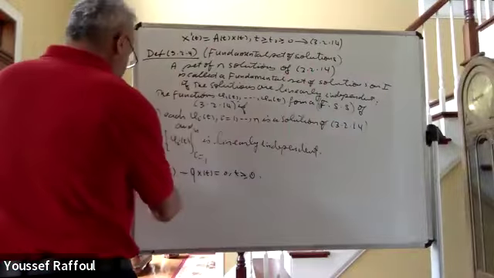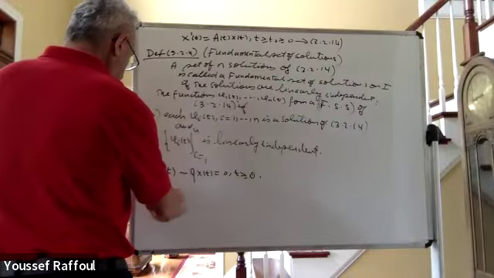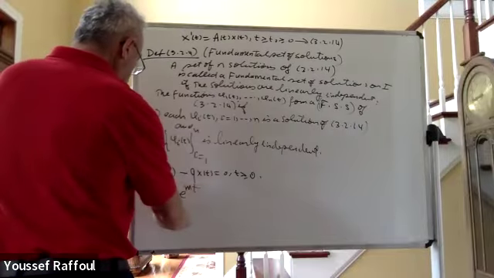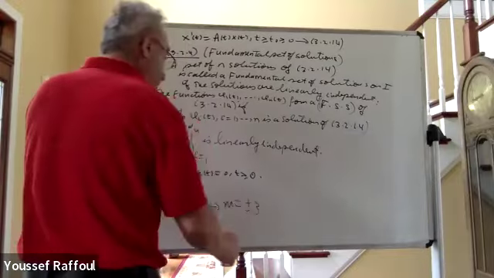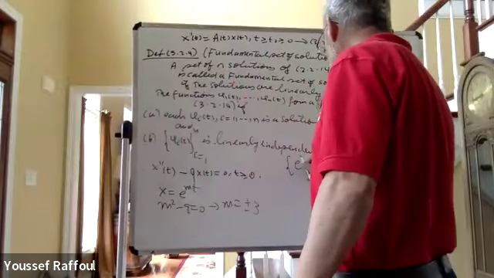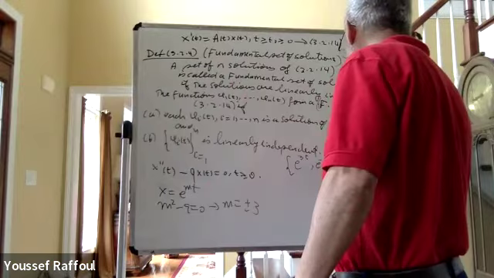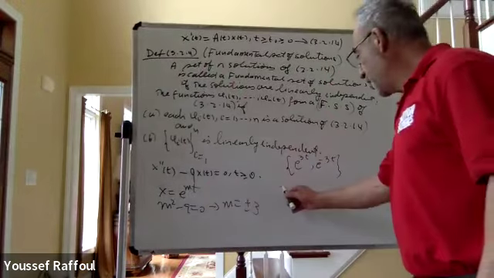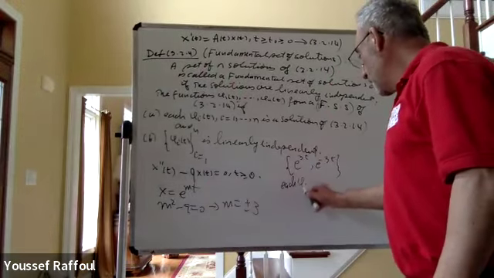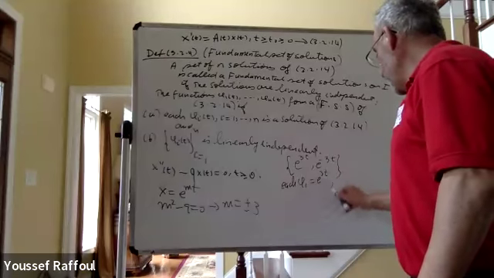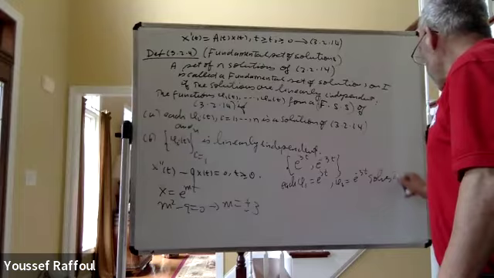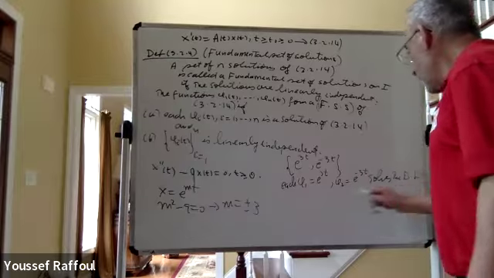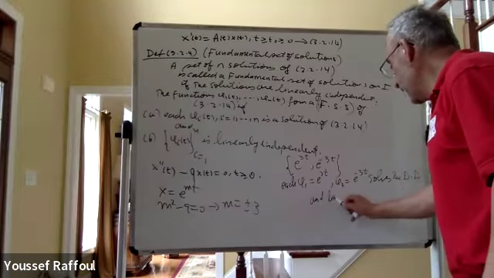Well, if you look for a solution of the form e to the mt, then you get m squared minus 9 equals 0, m equals plus or minus 3. So your set of solutions is e to the 3t, e to the minus 3t. Now phi 1 equals e to the 3t and phi 2 equals e to the minus 3t each solve the differential equation and are linearly independent.